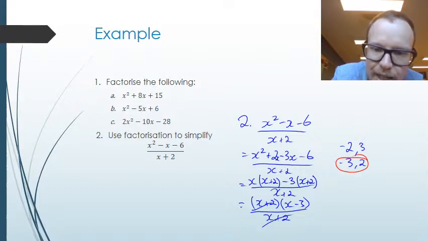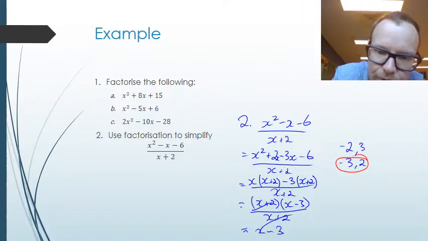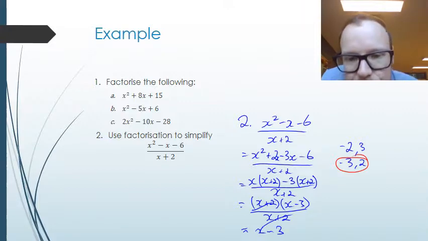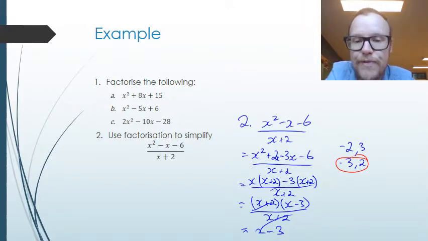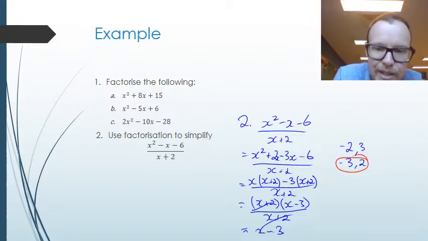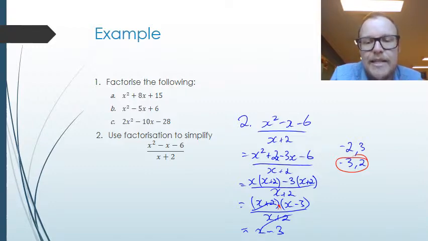I can cancel the x plus 2's and I get x minus 3. I can only cancel the x plus 2's once it's been fully factorised. So I can only cancel the x plus 2 on the top and the bottom once we've got only factors. So there you can see they're multiplied together. Now I can start cancelling once there are no further added terms on the top line.